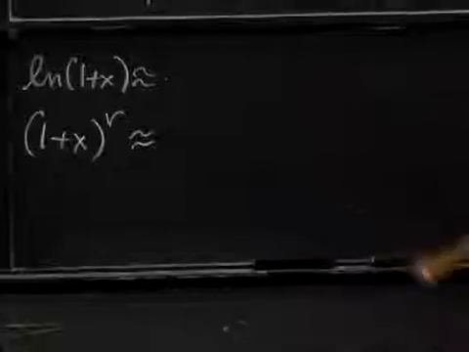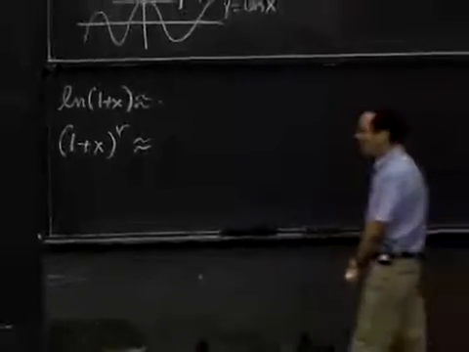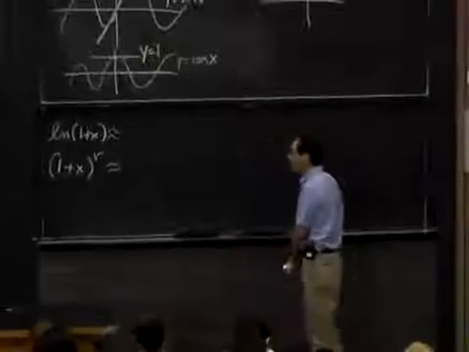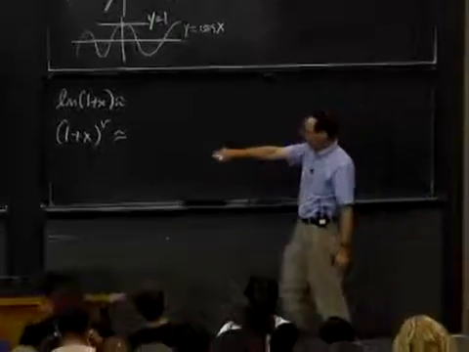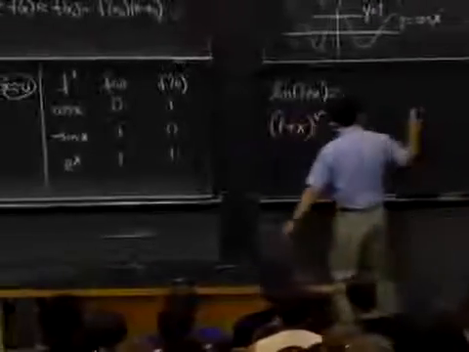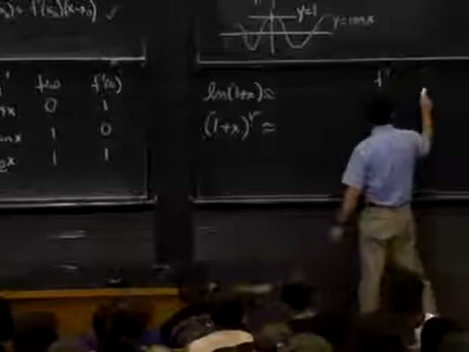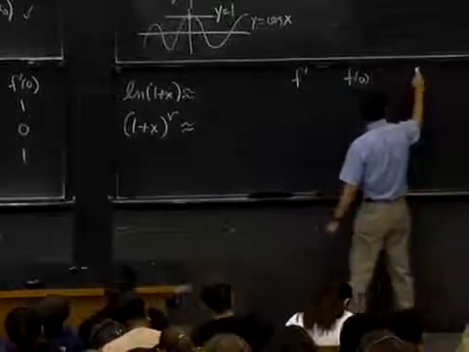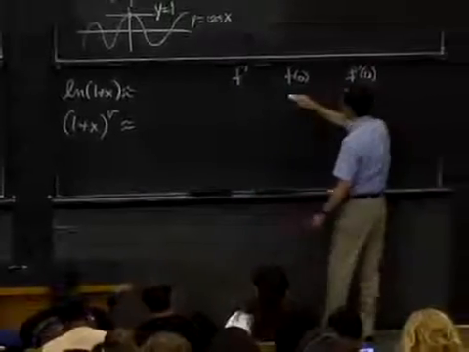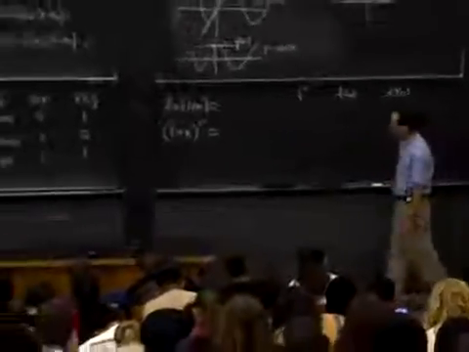These are the last two that we're going to write down and that you need to think about. Now, the procedure is the same as over here. Namely, I have to write down f prime, and f of 0, and f prime of 0, and then I'll have the coefficients to be able to fill in what the approximation is.